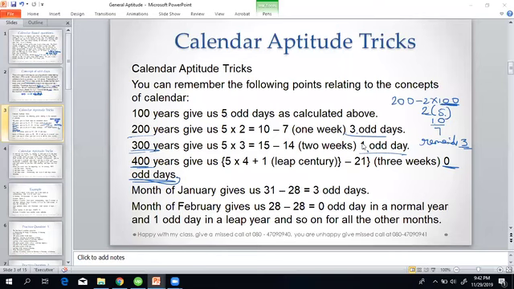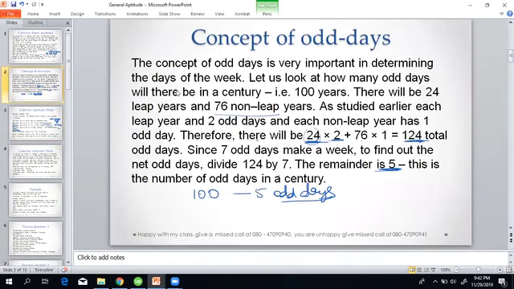One of the students wants me to repeat how I calculated for 100 years.